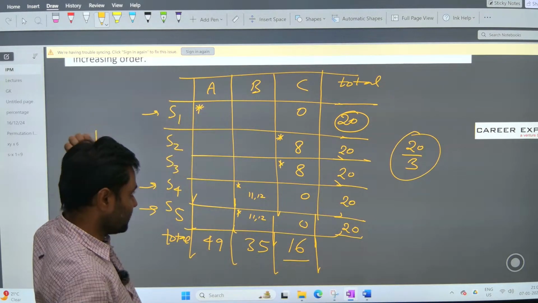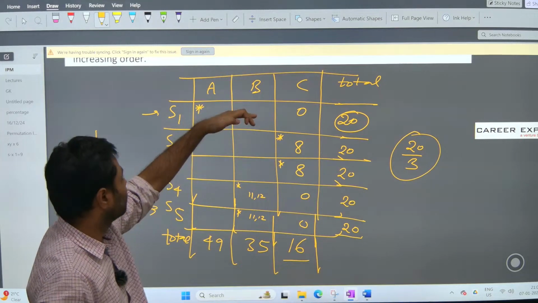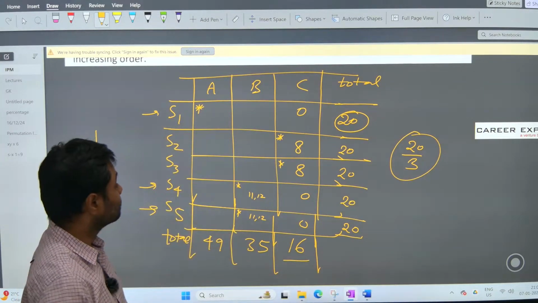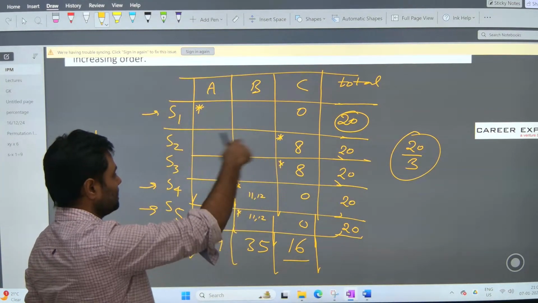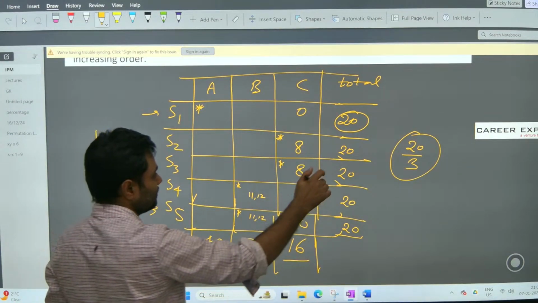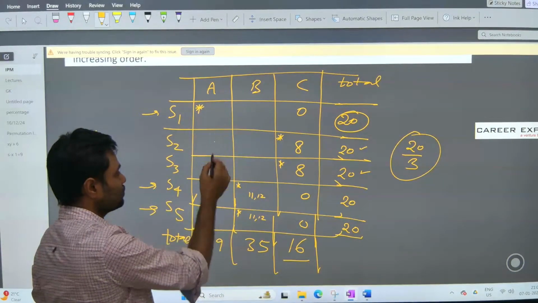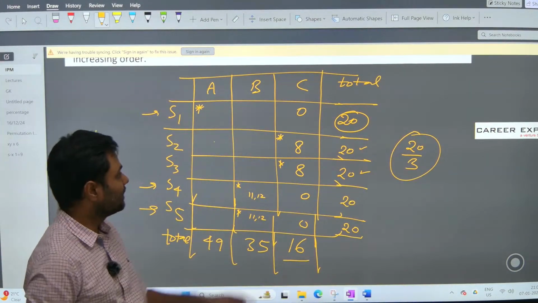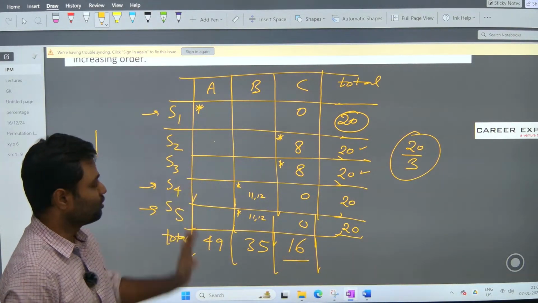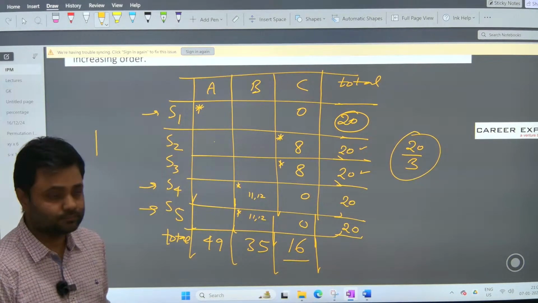Also, the condition is that the number of votes for party B goes on increasing from S1 to S5. So let us focus on these 2 constituencies, S2 and S3. So total number of votes in both the constituencies is 20. These 2 cannot have more than 7 votes. A and B, both of them cannot have more than 7 votes in both the constituencies S2 and S3.